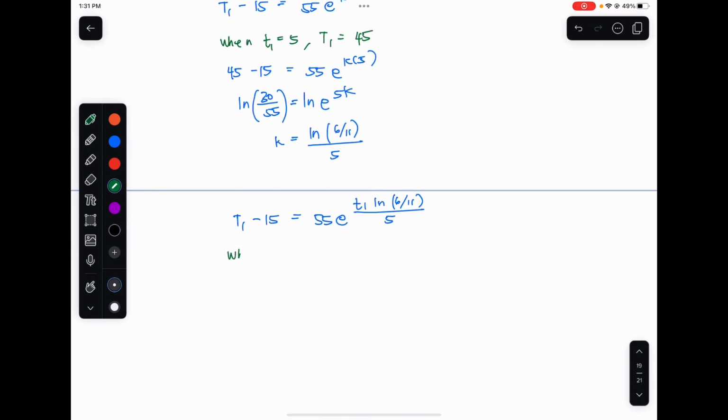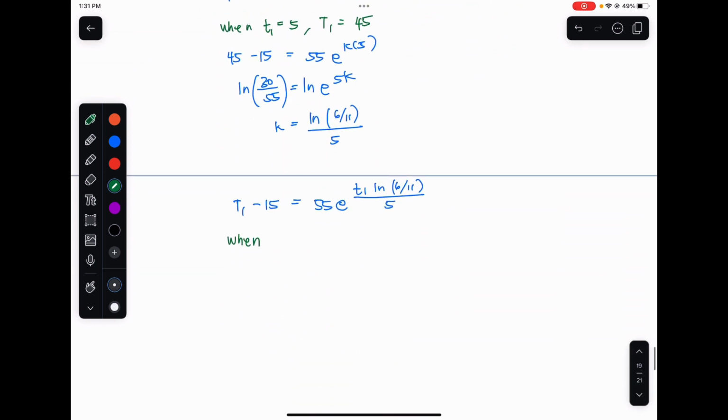Now we solve for the temperature after 10 minutes, right before it will be returned back indoors. So when t is 10, what is T1?